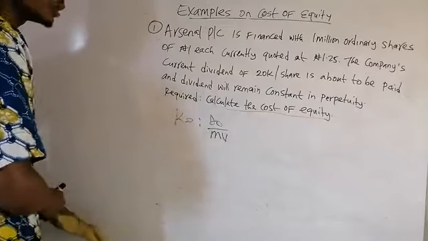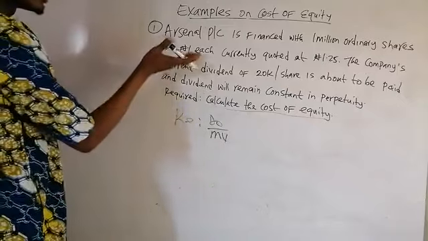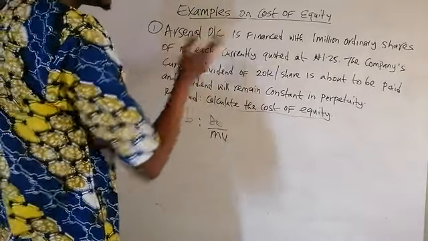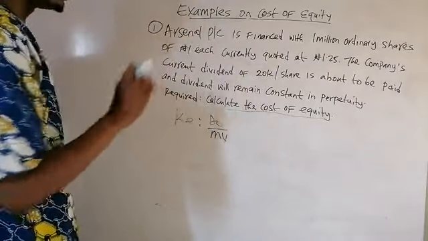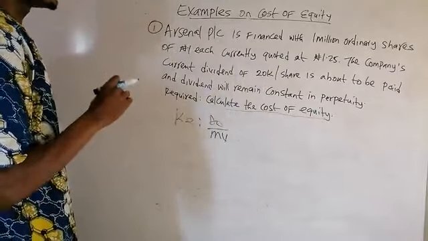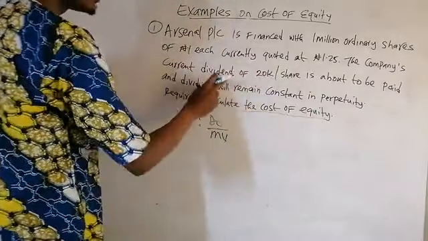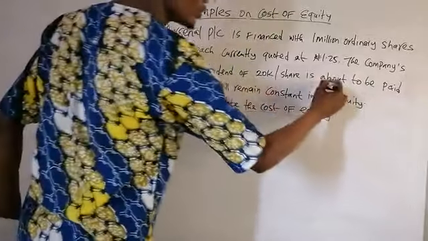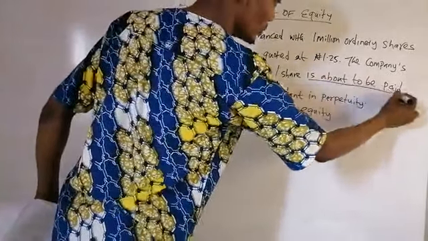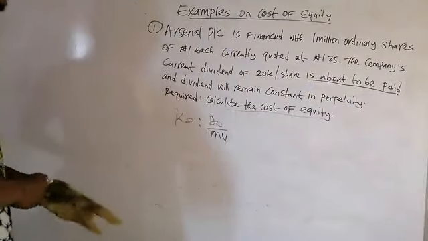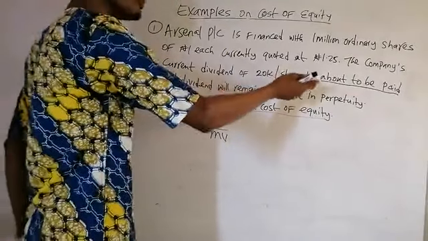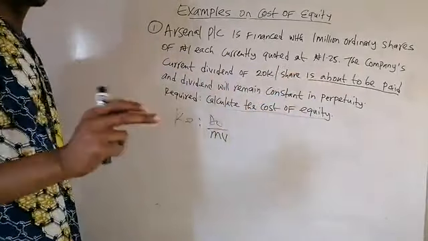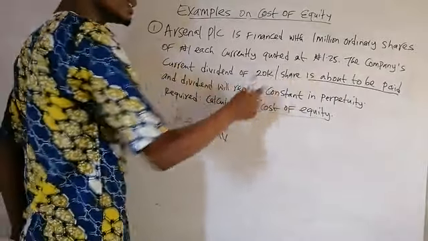Some of the yardsticks are looking at the tone of the dividend. He said the company's current dividend of 20 kobo per share is about to be paid. That is, the company is about to pay the dividend but has not paid it. That is, this dividend is due for payment.